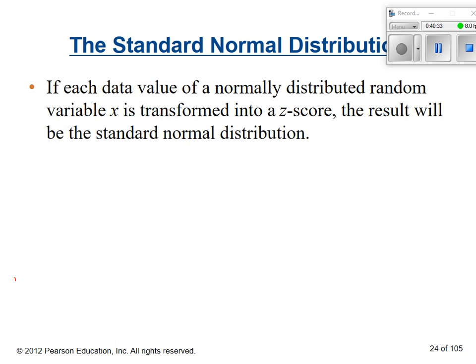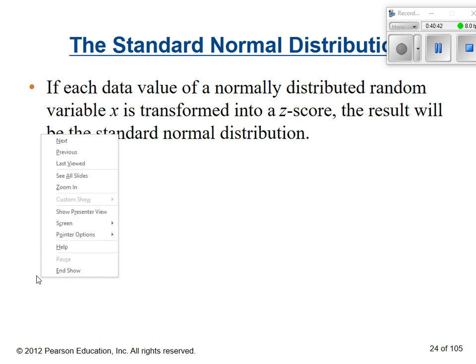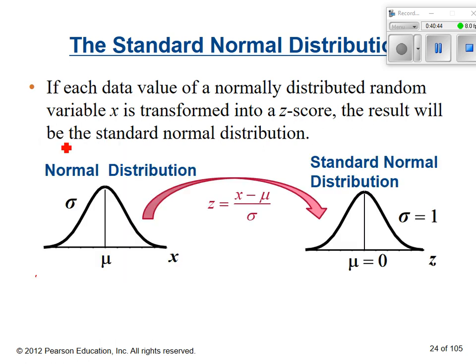If each data value of a normally distributed random variable x is transformed into a z-score, the result will be that normal curve there. That's all this is saying. So we're changing from normal to standard normal.